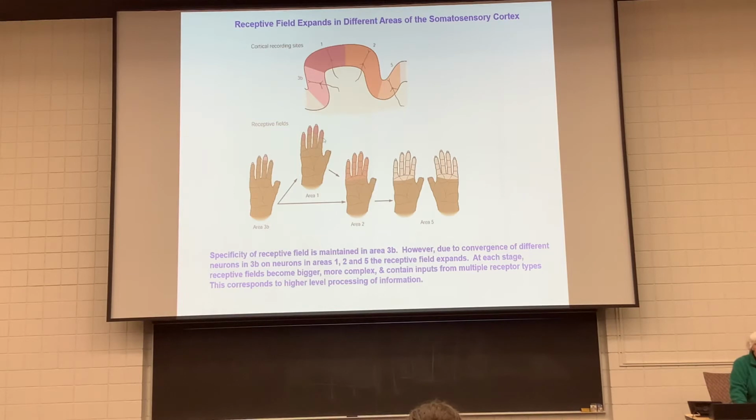When we get to area 2, it's not only responding to the tips, but maybe the whole finger and even part of the palm. And then area 5, that's that association area. It gets even more complex.